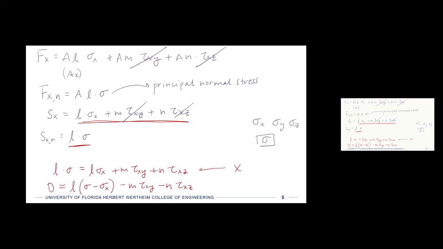Okay? And then we'll have three equations in a system of equations that all have the same variables in them, which are sigma x, sigma y, sigma z, tau xy, tau yz, tau xz. And when we do that, I'll write it on the next slide so that you can see them all.